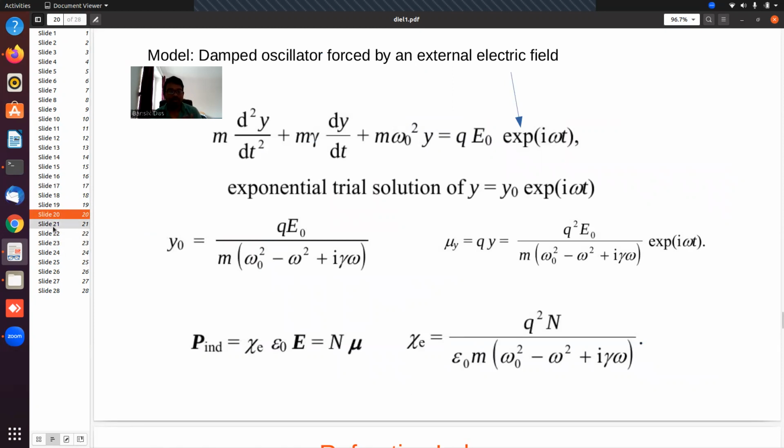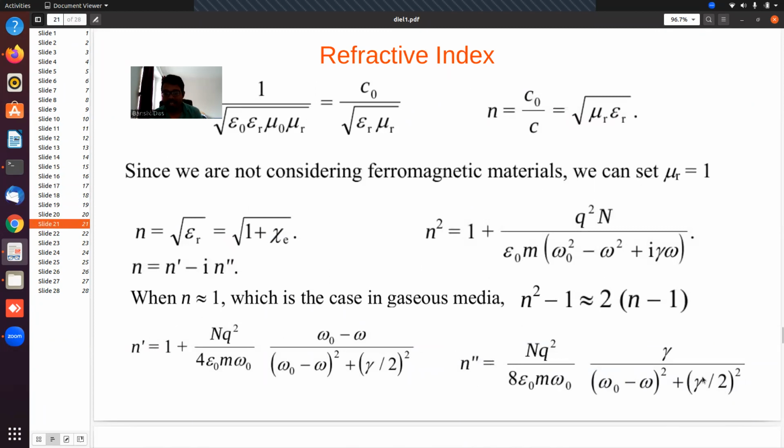Here, one more physical insight is that this gamma is the friction. It governs the line width. Larger friction means larger line width. This is a Lorentzian function, so line width is proportional to gamma. Larger friction means larger environment, like the liquid state.